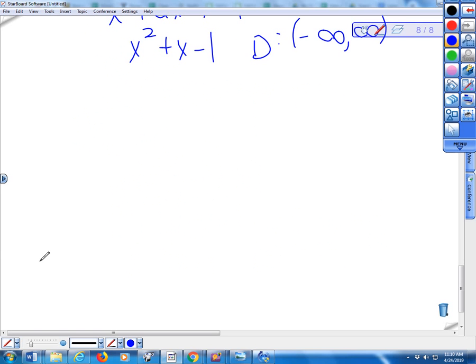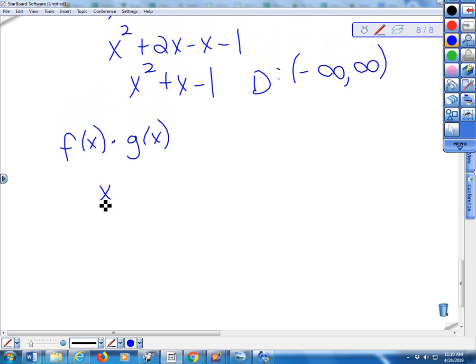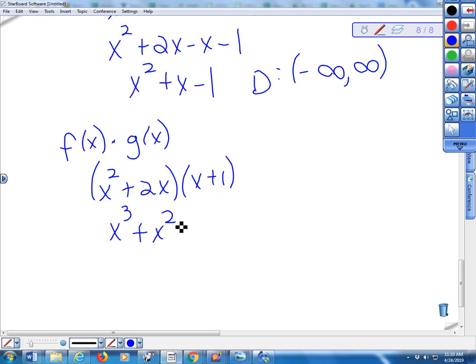f of x times g of x. So that is x squared plus 2x times x plus 1. And just distribute: x cubed plus x squared plus 2x squared plus 2x is x cubed plus 3x squared plus 2x.